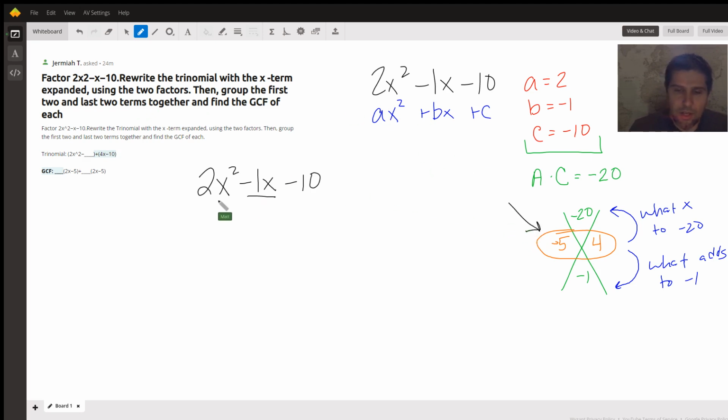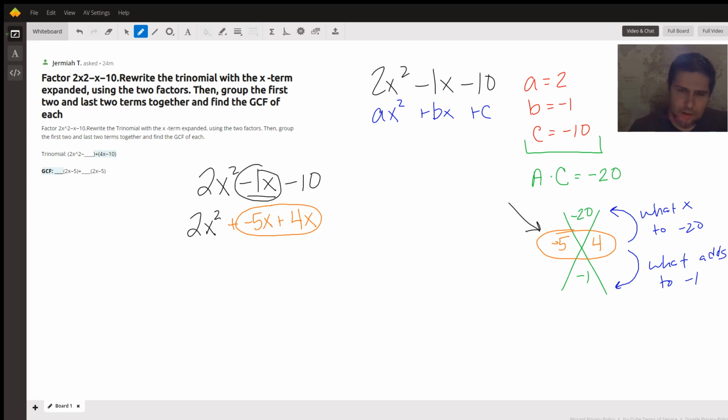So we're going to write 2x squared, and instead of the 1x, we write plus -5x plus 4x. You can see here, -5x plus 4x is the same thing as -1x.